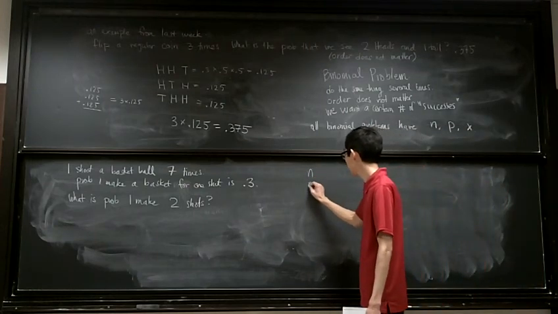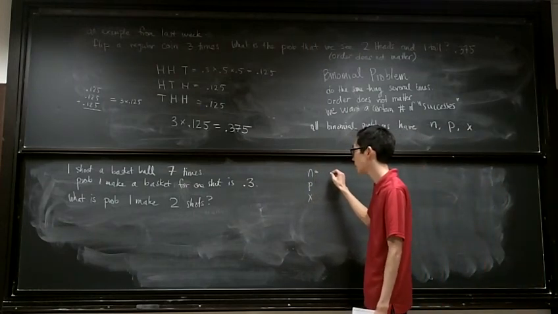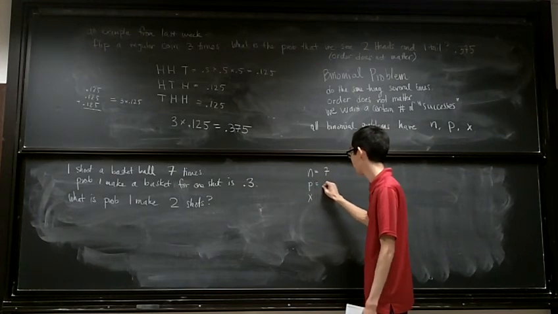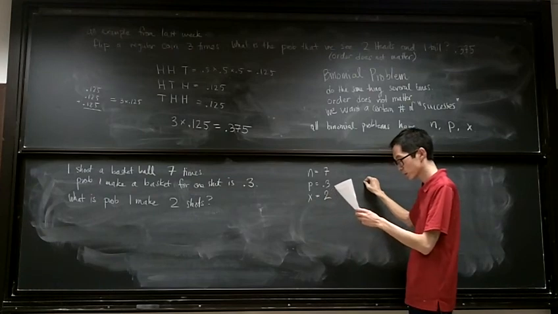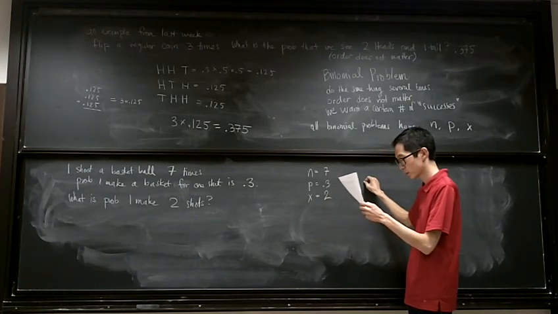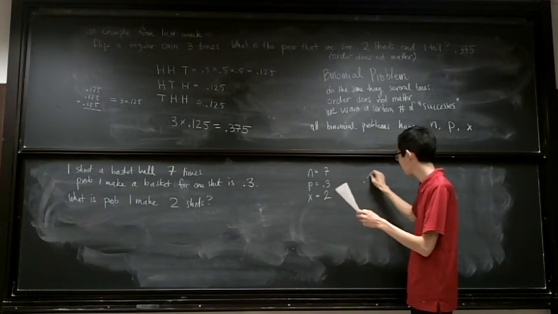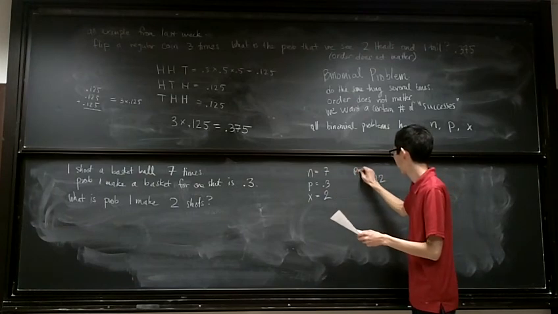So N is 7, P is 0.3, and X is 2, and so my answer is 0.318.